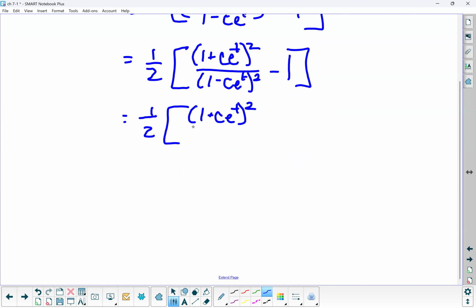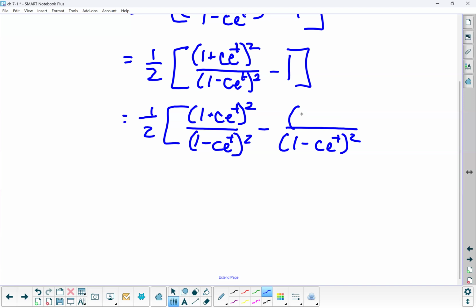So my first fraction is going to stay exactly the way it is. And my common denominator is 1 minus ce to the t squared. So 1 is going to become 1 minus ce to the t squared over 1 minus ce to the t squared.